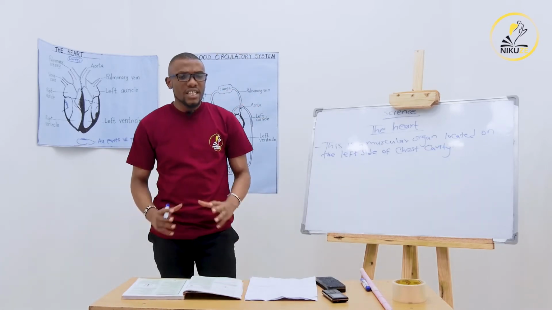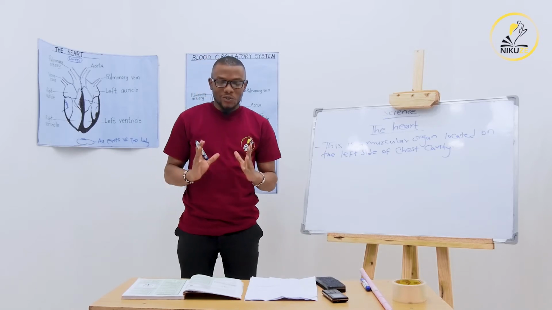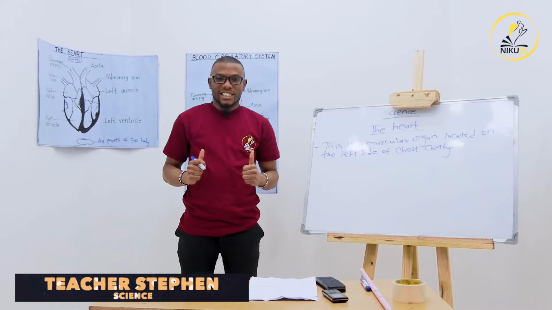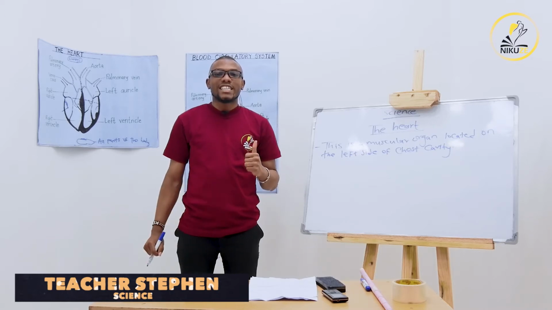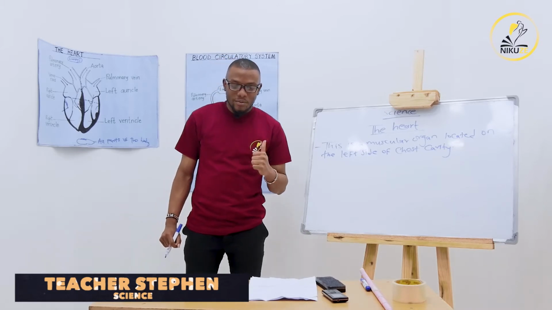Now, the heart of a healthy person, when you are at rest, is supposed to beat at least 72 times per minute. It is supposed to beat 72 times per minute.